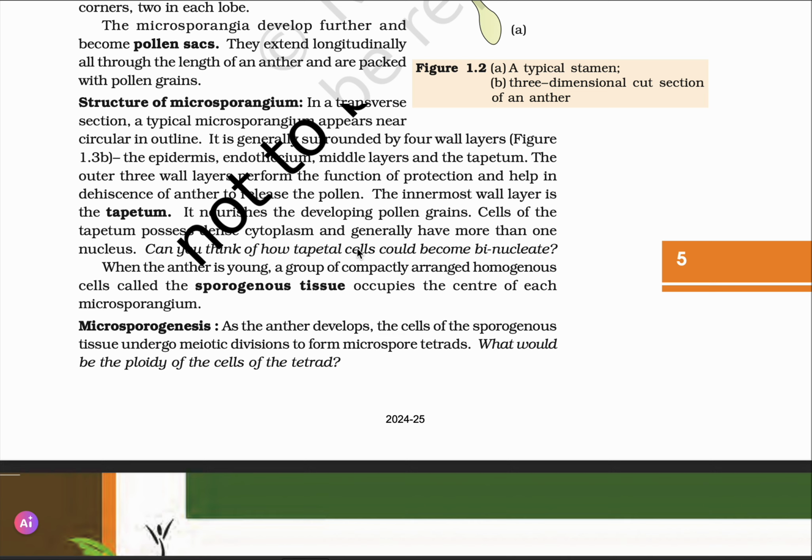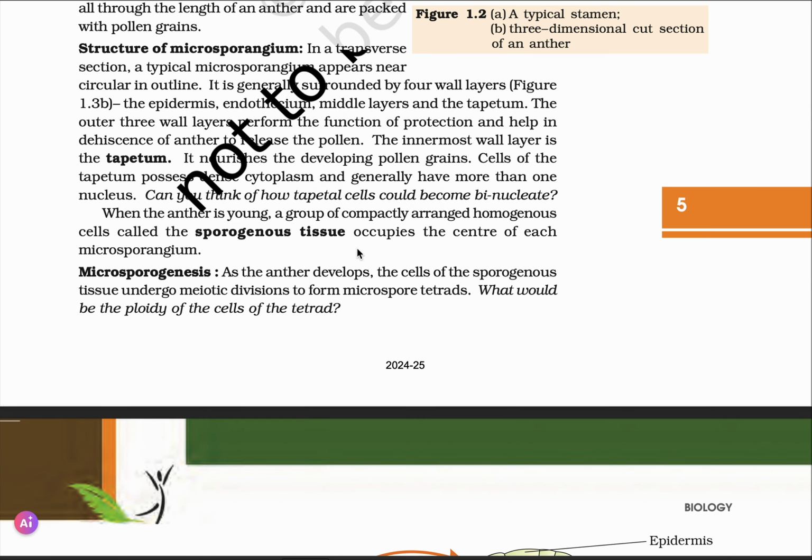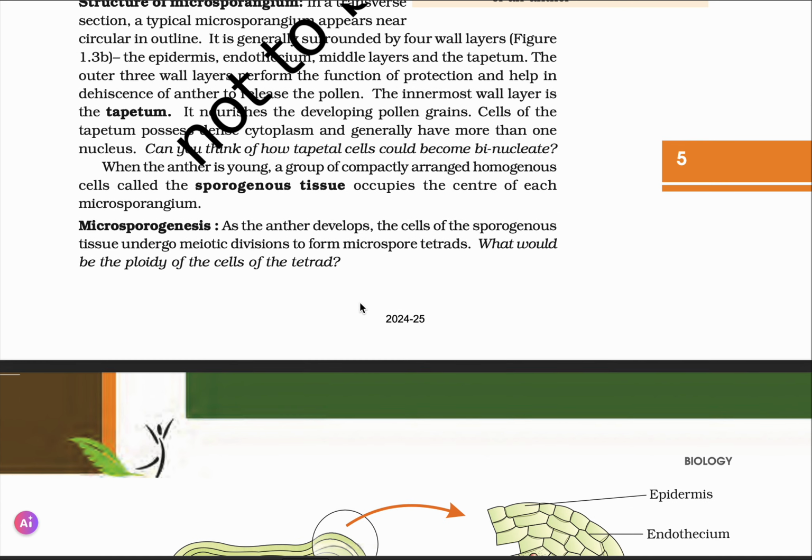So the anther, which is usually very young, has compactly arranged sporogenous tissue, and it occupies the center of each microsporangium. This tissue is surrounded by the middle layer, epidermis, endothecium, and the tapetum. Then the sporogenous tissue later gives rise to other things as well.